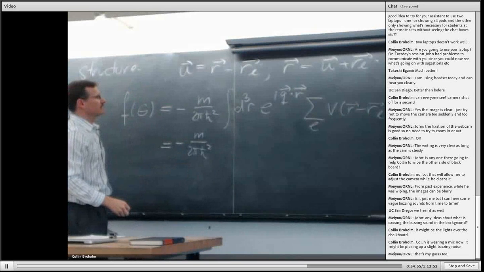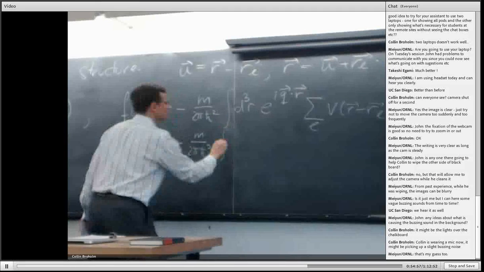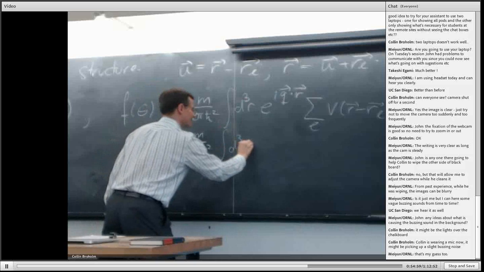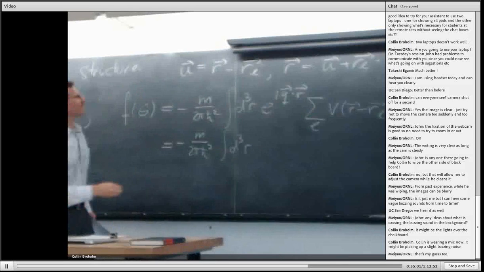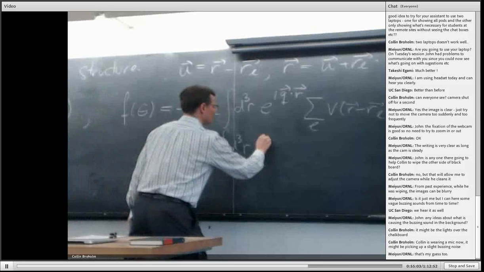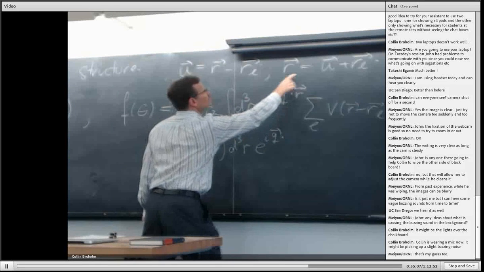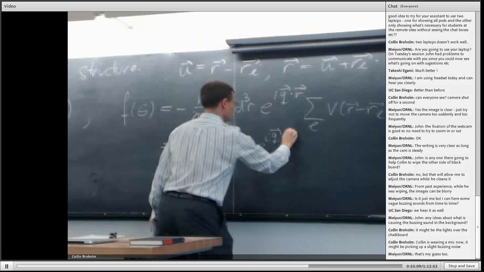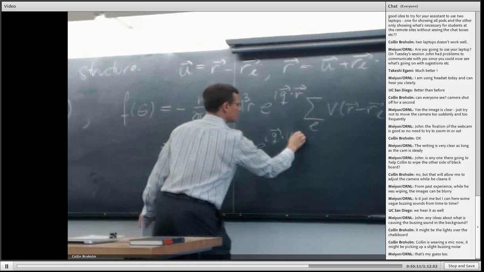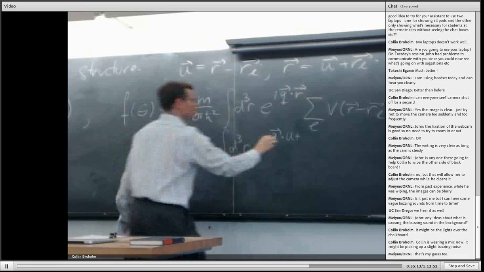And let's see, I'm going to take it just slowly because I think this is sort of important just for you to notice how this works out. So there's an e to the i, and then there's a q dotted with r, which was u plus R_L. So u plus R_L.